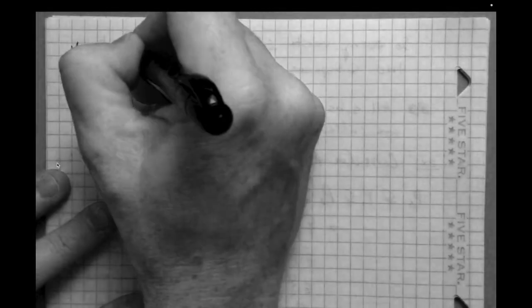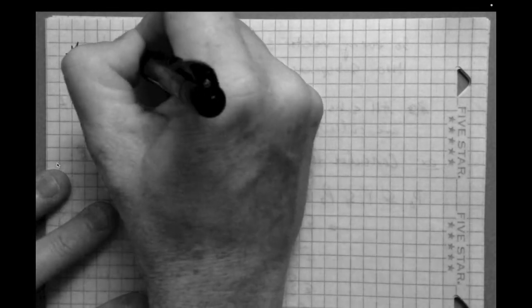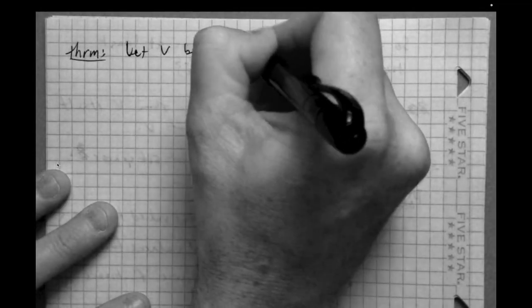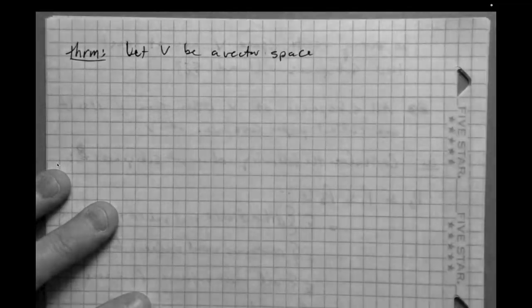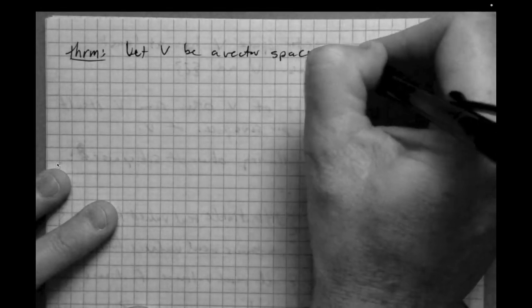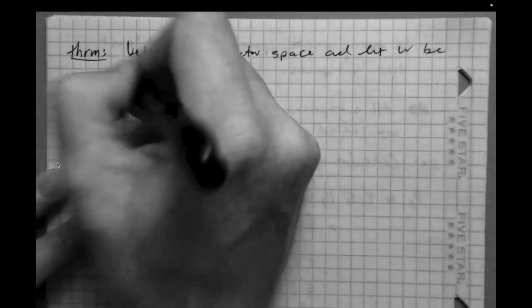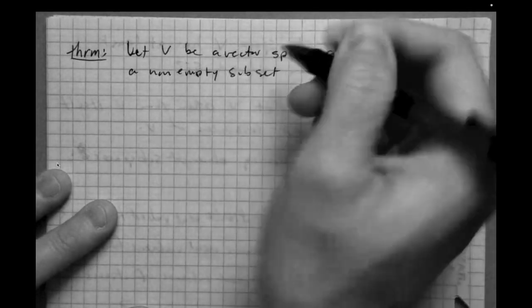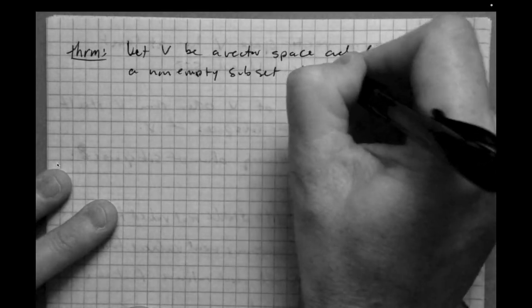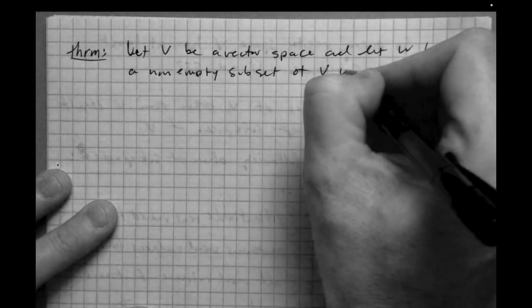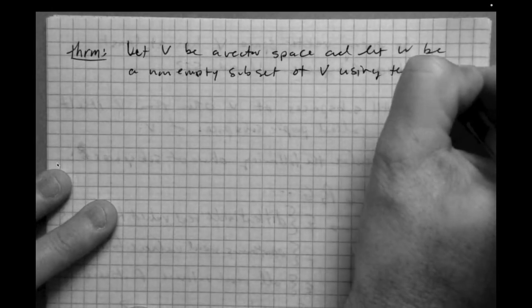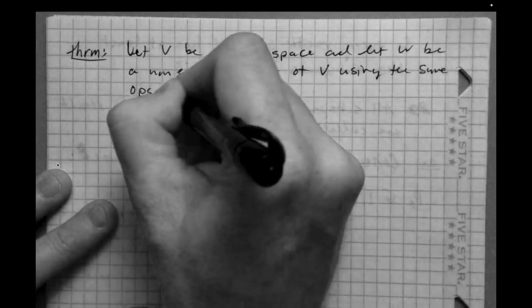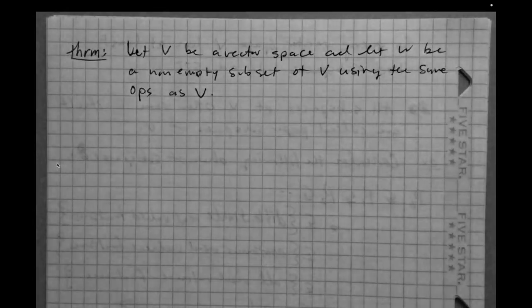Let V be a vector space and let W be a non-empty subset of V, using the same operations as V. When we're talking about vector spaces and subspaces, there are operations implied there.